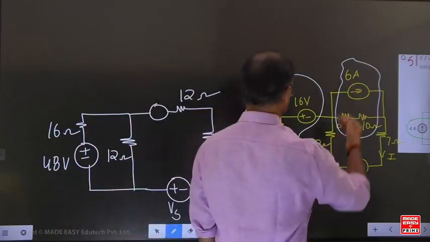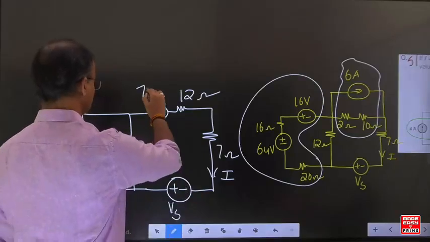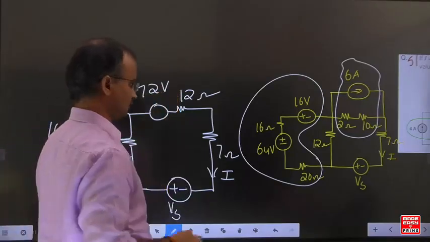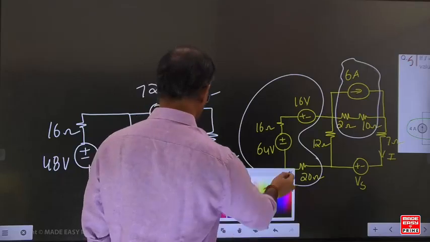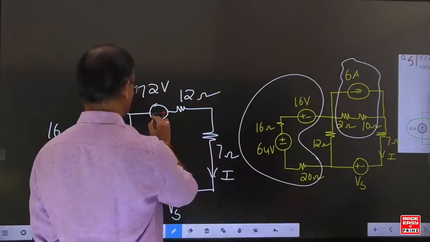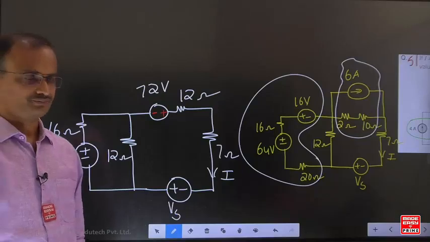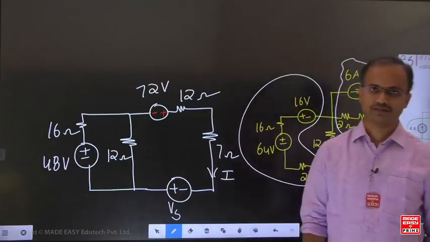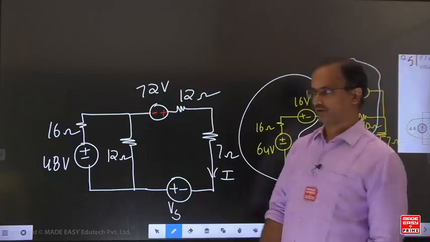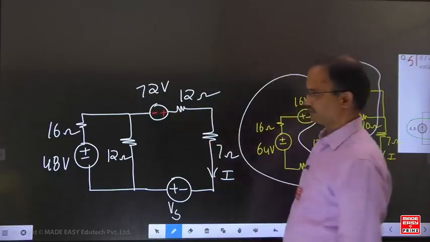Here 12 into 6, the voltage is 72. Now, corresponding to the arrow mark, give the positive sign; the other one is a negative sign. Whenever you are applying source transformation, concentrate on the current directions carefully. According to the current direction, the corresponding arrow mark gets the positive sign, and the other one is a negative sign.